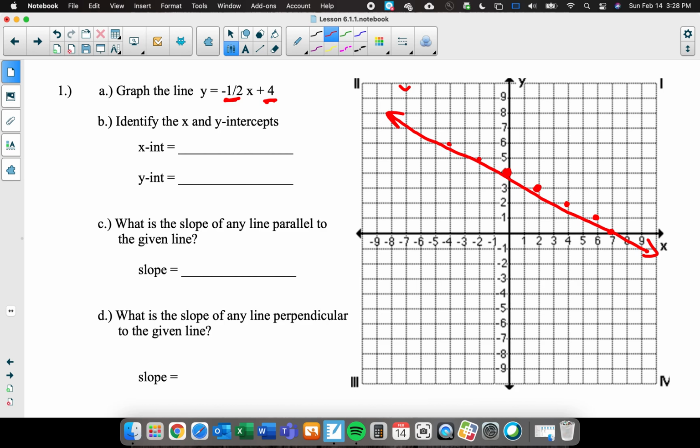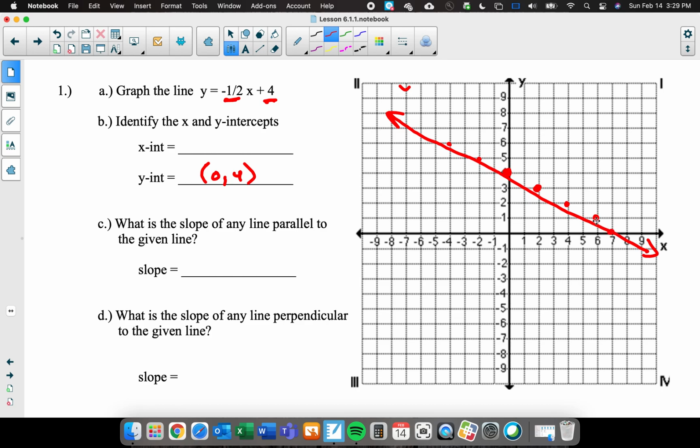Okay? So now I asked you to identify both the x and the y-intercepts. First off, we started with the y-intercept when we were graphing, so that's the point (0, 4). There's my y-intercept. Y-intercepts are always when x equals 0, because that puts them on the y-axis. X-intercepts are always when y equals 0. I did the slope enough where I ended up over here.